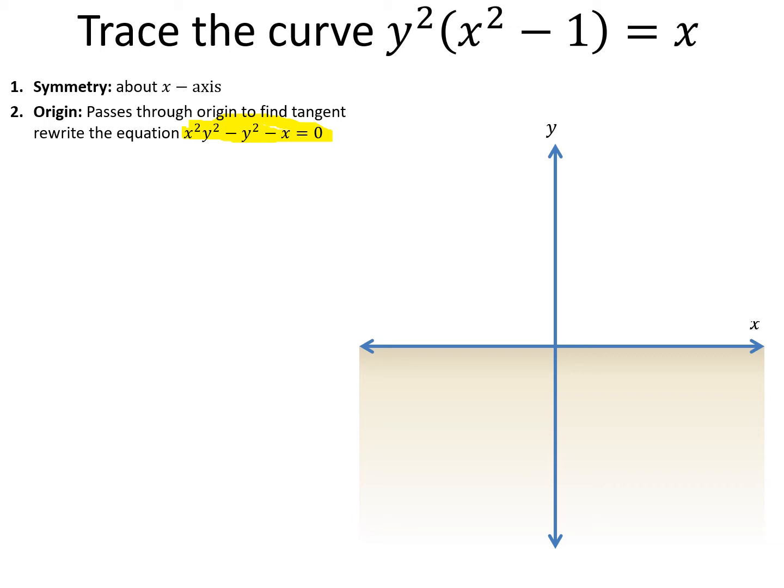Okay. Now for the tangent at the origin, we have to put the lowest degree term equal to 0. So we put minus x equal to 0. If we solve it, we will get x equal to 0. So x equal to 0, that is the y-axis, is our tangent at the origin.